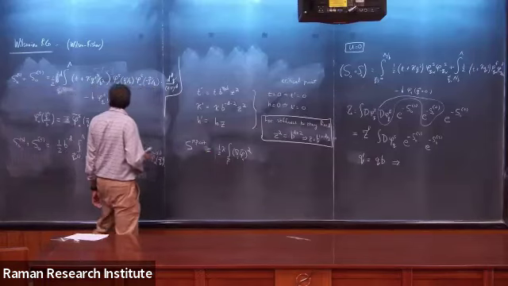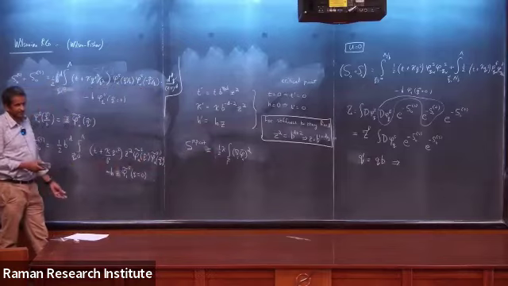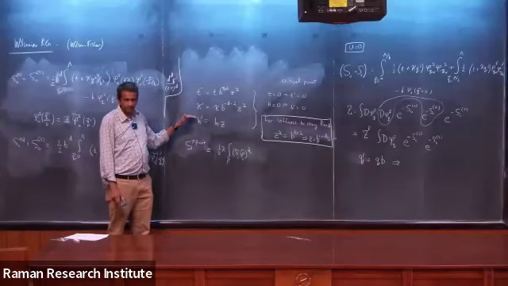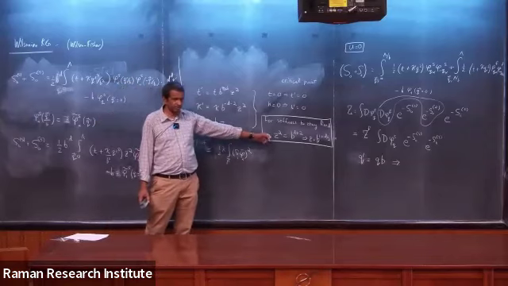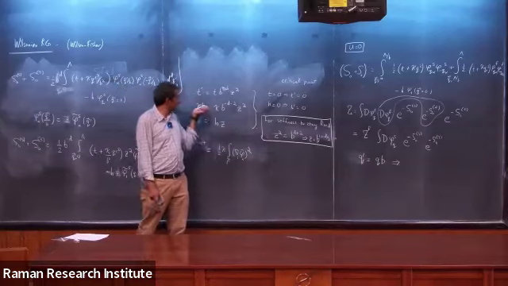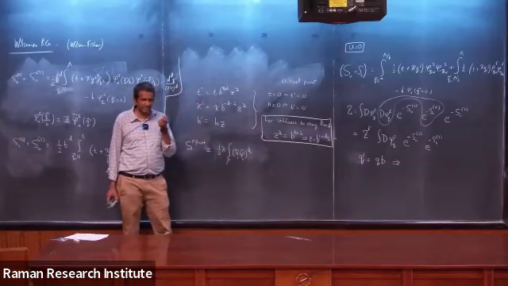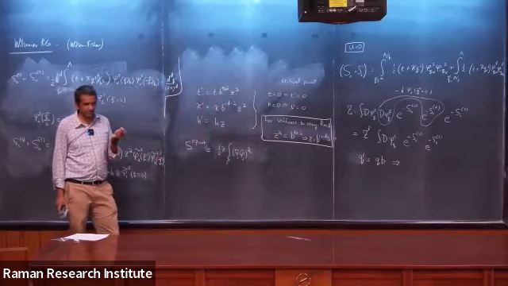Okay. So now you can ask, this is at the critical point, where I've tuned these two to be 0, and you've made this particular choice. But what if T and H are not 0, but slightly away from 0? I can ask what happens to the physics of the problem in that case.